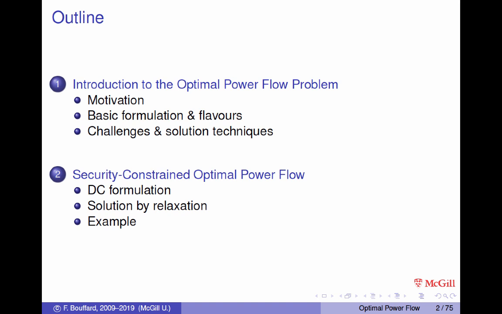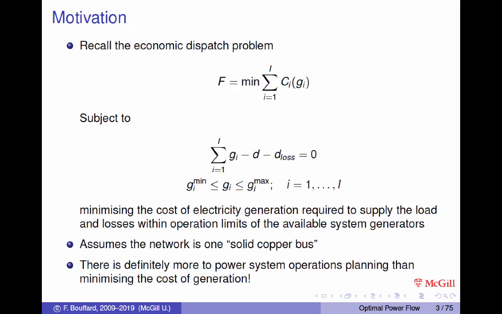And then we'll spend a fair amount of time talking about the security constraint optimal power flow, abbreviated SCOPF. We'll address it in its DC incarnation, and we'll look at some solution methods, namely relaxation, and we'll look at a full-fledged example which will teach you how these things are actually solved in practice.